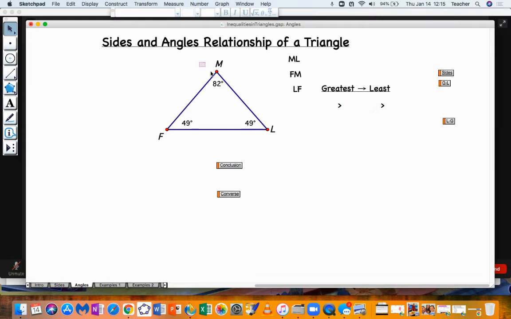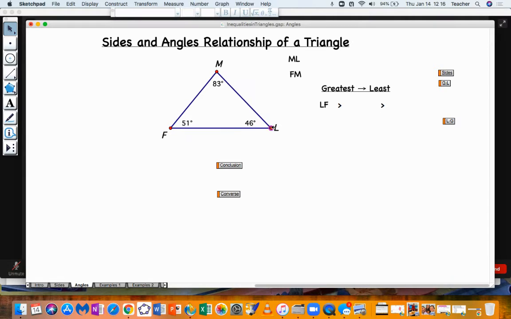So the largest angle here is 82. Opposite that would be side FL. That angle produces the opposite side, FL. So FL, or LF in this case, is going to be the longest side.